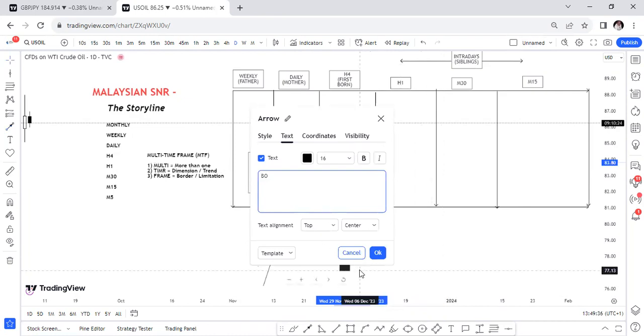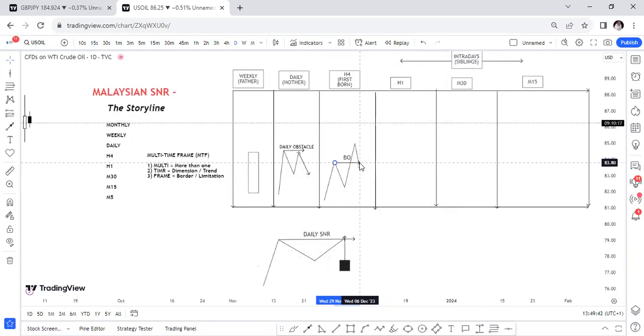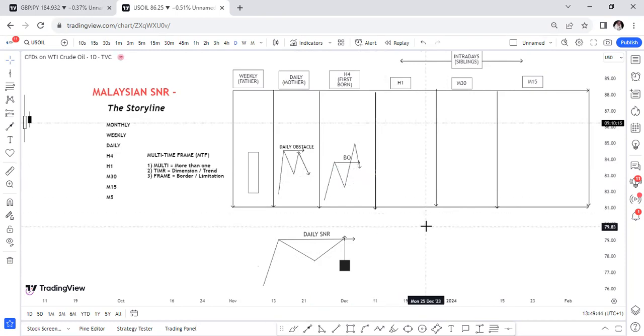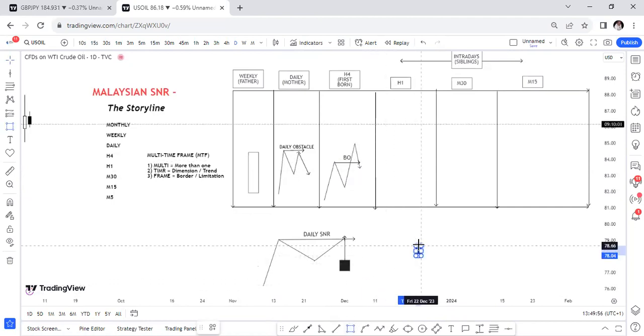A breakout of an SNR. So that means your focus will be here. Then you are going to see the next one that bounces off it.